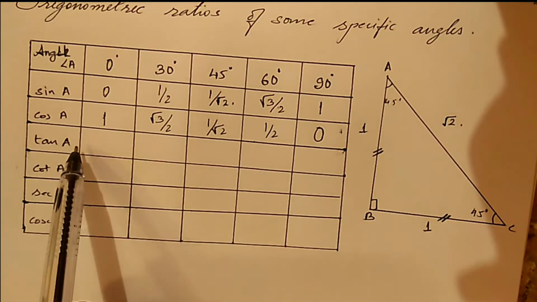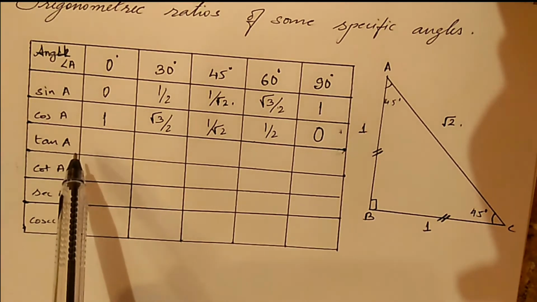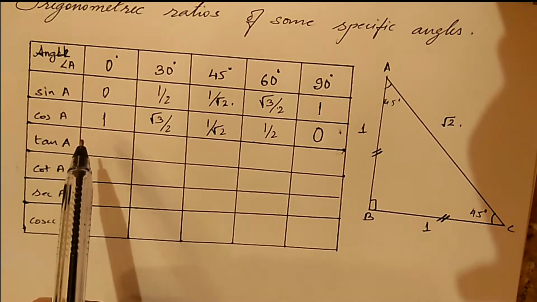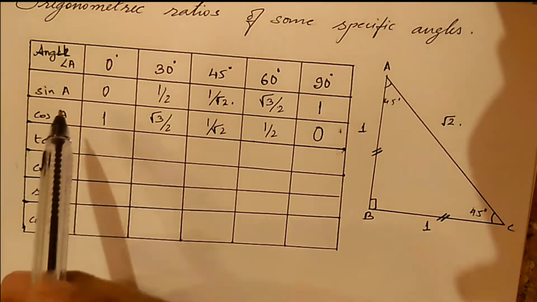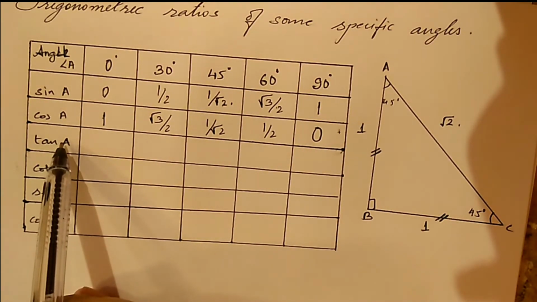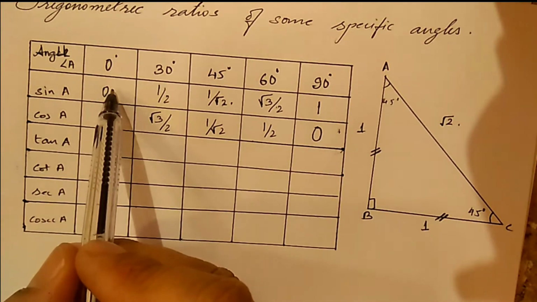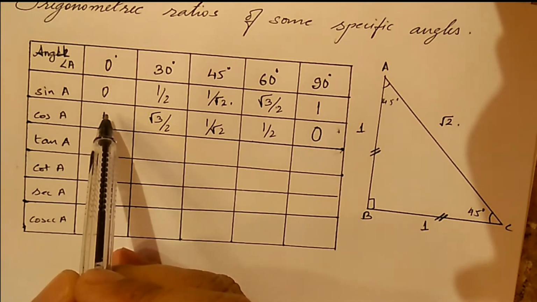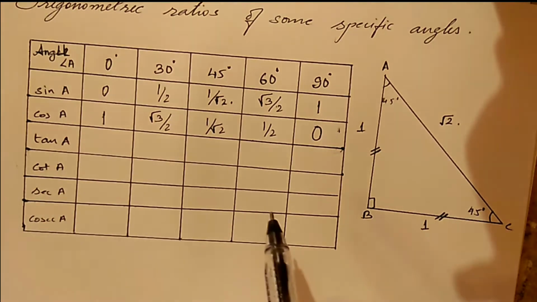Now what about tan? In order to find out tan, we can use the quotient relation. Sine by cos is tan. So if I divide the value of sine by the value of cos, then we will get the value of tan.